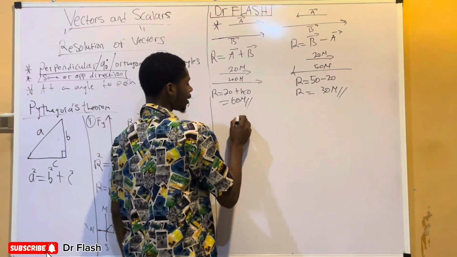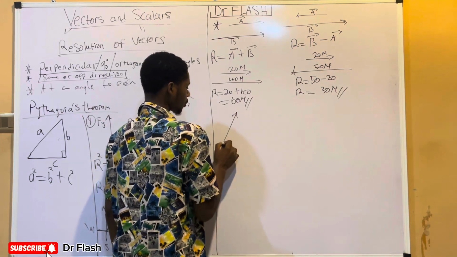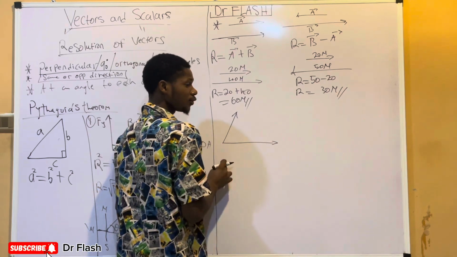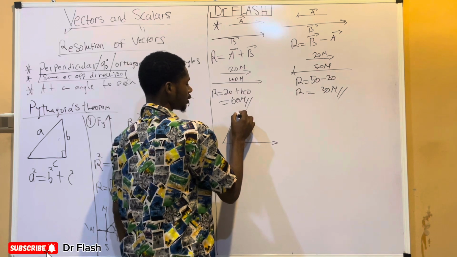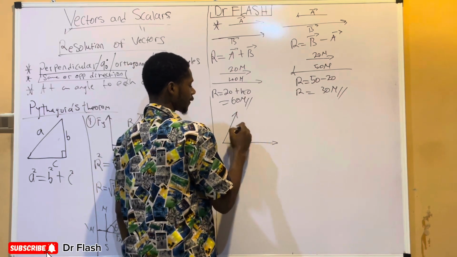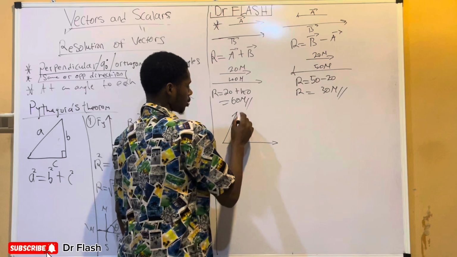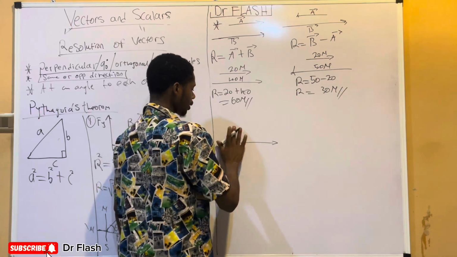Now, let's say we are having two vectors acting like this, and let's say in the end they form a triangle. Okay, let me redraw this whole diagram.